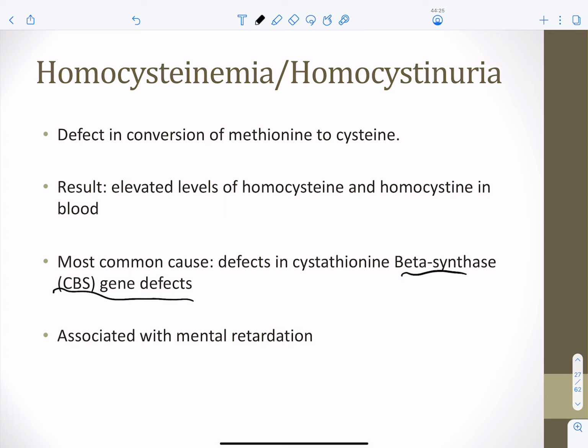And so remember, that was what brought together homocysteine and serine to form cysteine, eventually, the intermediate cysteine. And so a buildup of your homocysteine is going to lead to, or it's associated with, mental deficiencies.